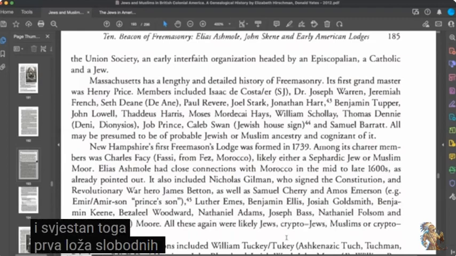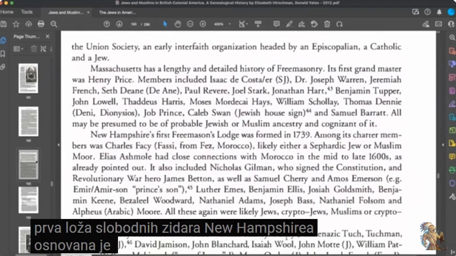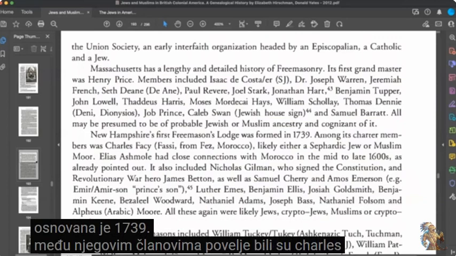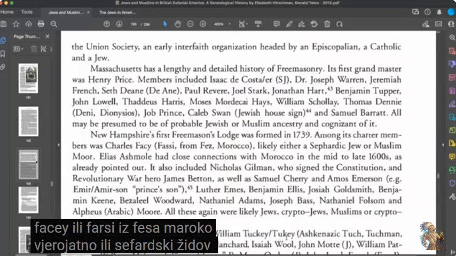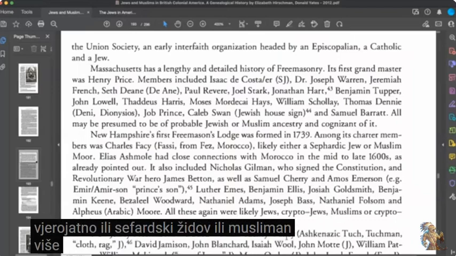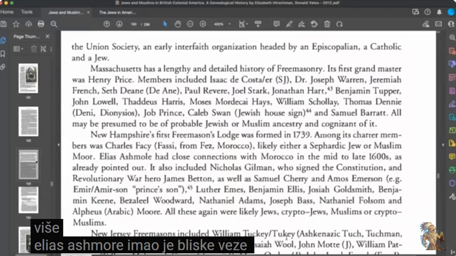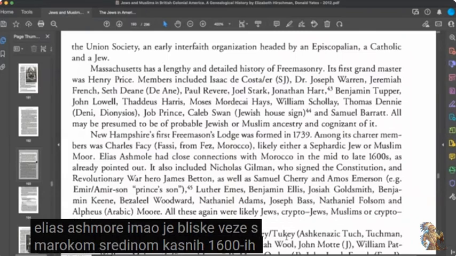New Hampshire's first Freemasons lodge was formed in 1739. Among its charter members were Charles Fassi from Fez, Morocco, likely either a Sephardic Jew or Muslim Moor. Elias Ashmole had close connections with Morocco in the mid-late 1600s.